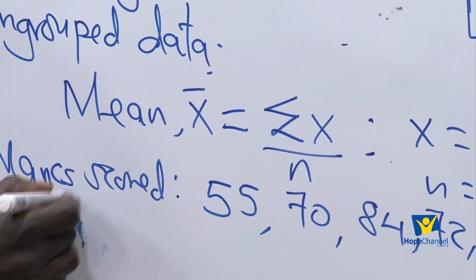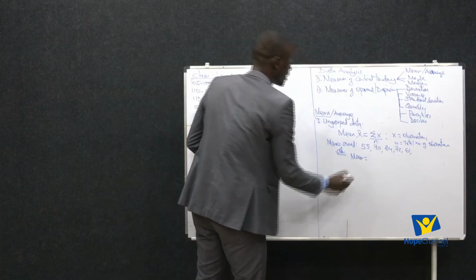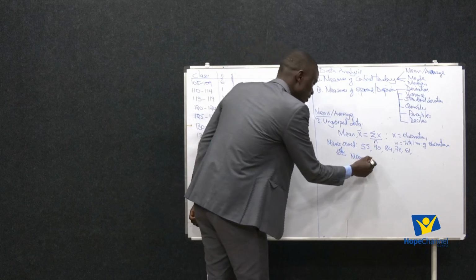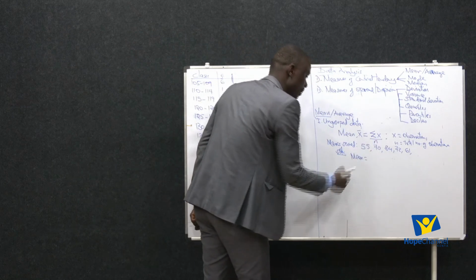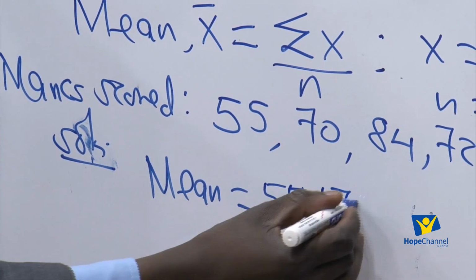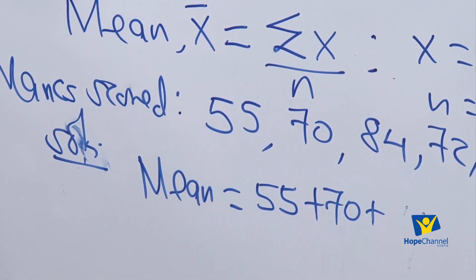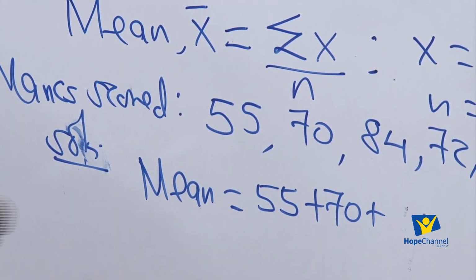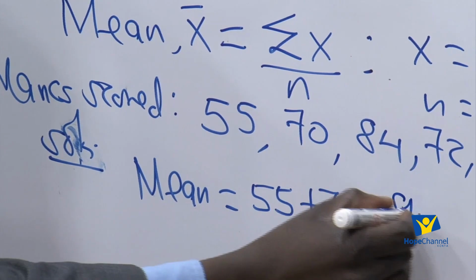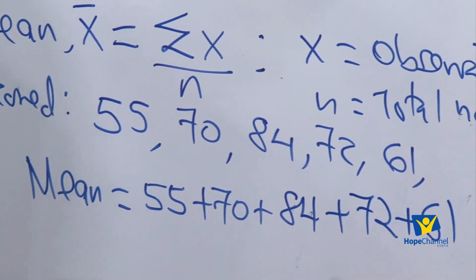So what is the solution in this case? Mean is equal to the sum. Sum means we add. So I will take 55, I will take 70. I hope you are adding along. 55 plus 70 plus 84 plus 72 plus 61.